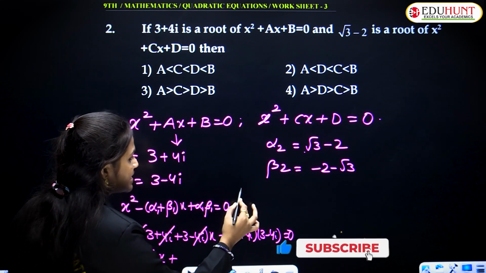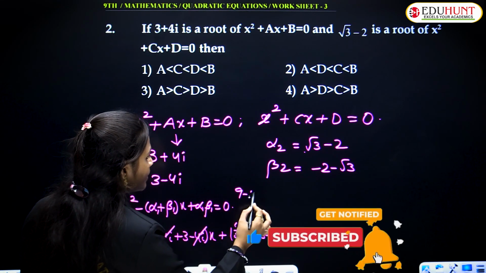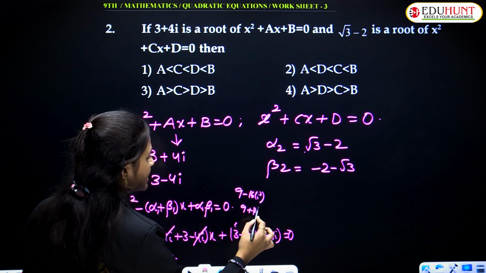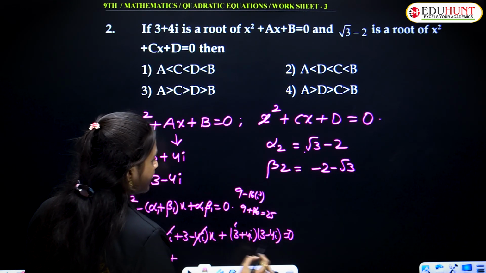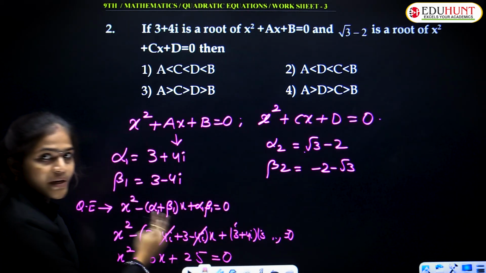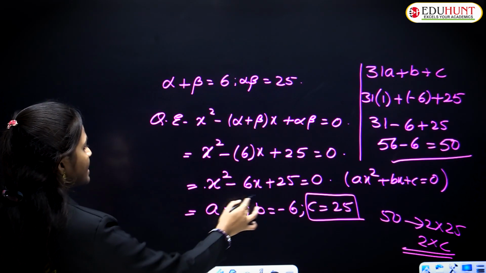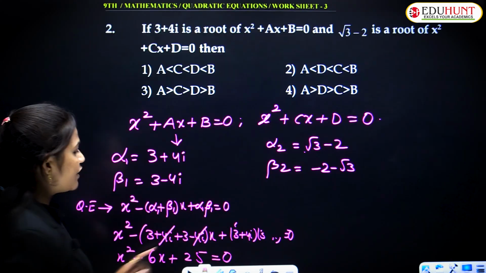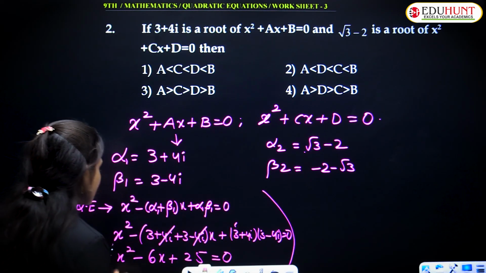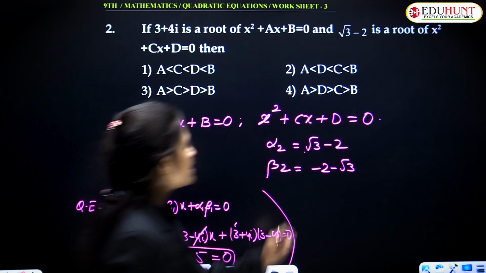See, 3 threes are 9 and here 4 square is there, so 16 i square you will get. So 9 plus 16 is equal to 25. So plus 25 is equal to 0. This is the previous problem that we discussed. So x square minus 6x plus 25. So this is the required equation. Completed.